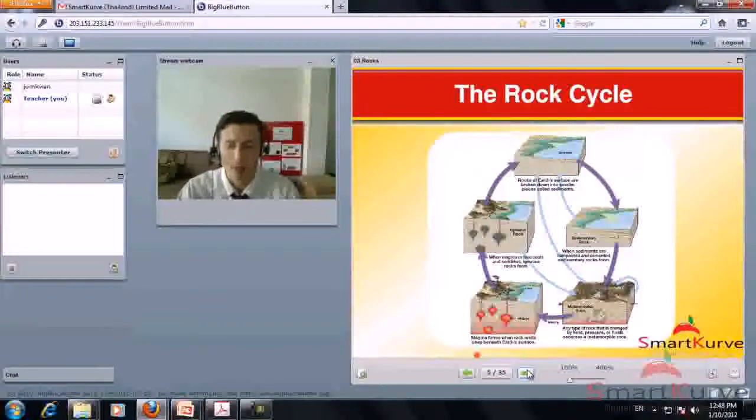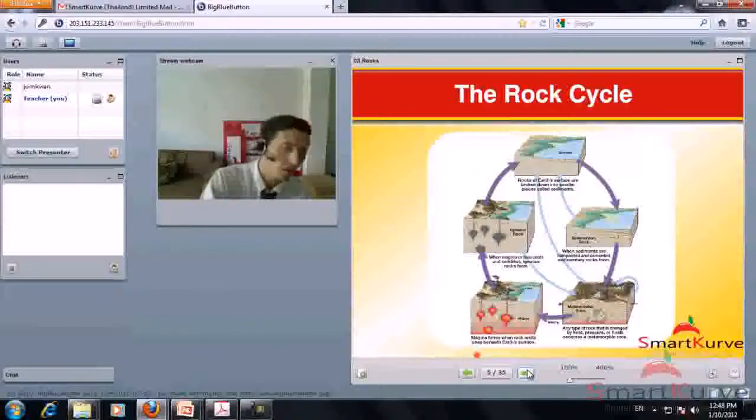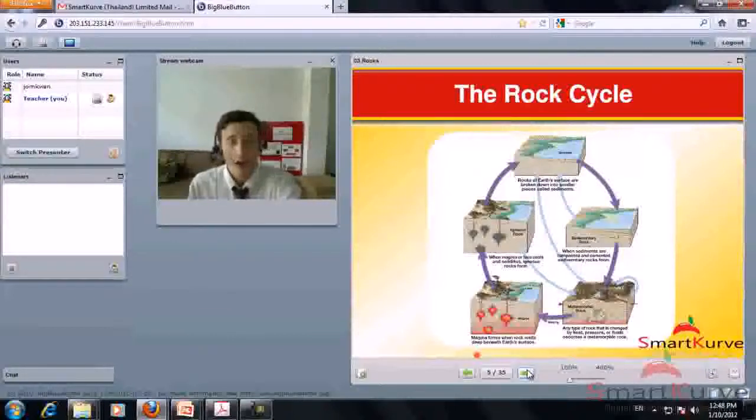As that metamorphic rock gets hotter and hotter, eventually it melts. So we move over there to the lower left where we started. That rock melts. It goes from solid metamorphic rock to liquid magma.